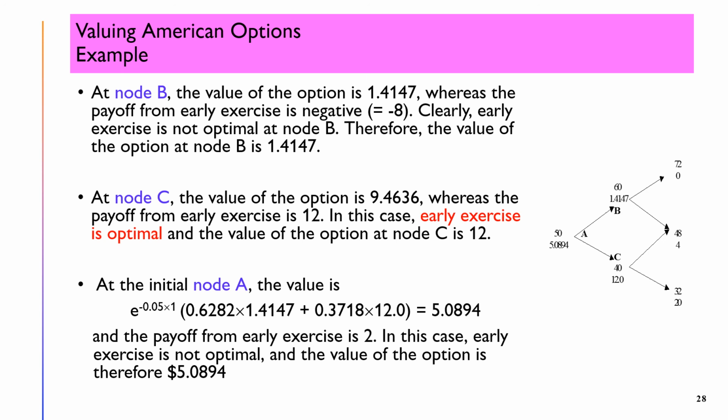If the intrinsic value is higher, as in the case of node C, then the put option will be exercised. The value of the option will be based on the intrinsic value. If the intrinsic value is lower, as in the case of node B and node A, we will not exercise the put option.